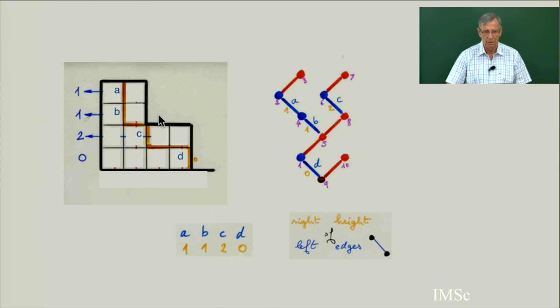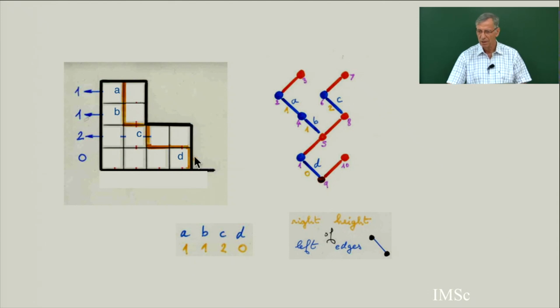So the second path is the following. These numbers 1, 1, 2, 0 correspond to these left edges. Remember in the canopy, these left edges correspond to these edges here, A, B, C, and D. Maybe you have to prove this.